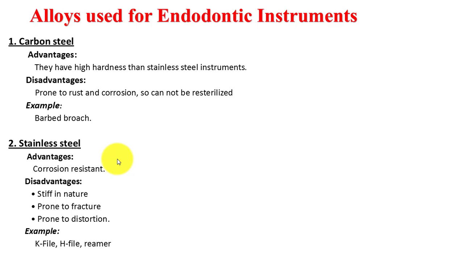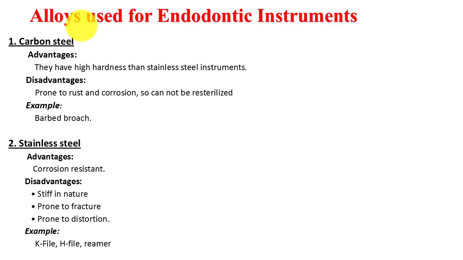The next topic we are going to talk about is alloys used for endodontic instruments. There are 3 kinds of alloys used for manufacturing endodontic instruments. The first one is carbon steel. Carbon steel is made up of carbon, less than 5% carbon.